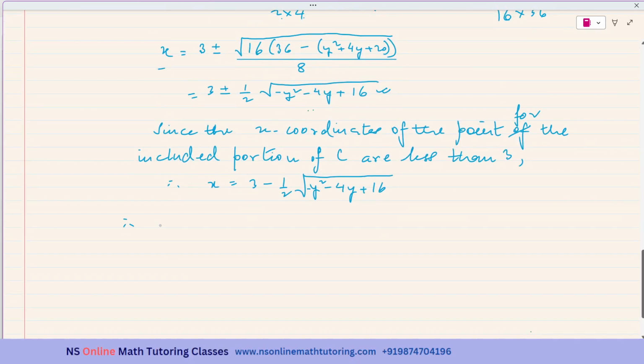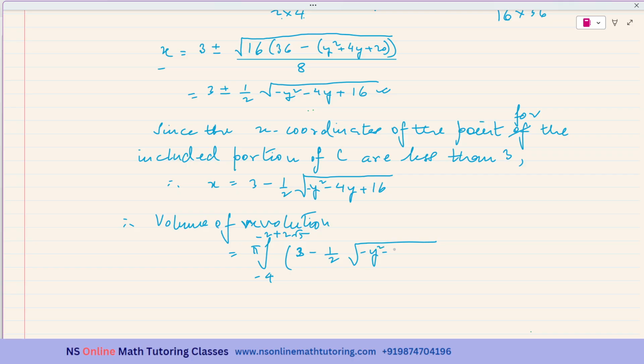So therefore, the volume of revolution is equal to pi times the integral from −4 to −2 + 2√5 of (3 − ½ √(−y² − 4y + 16))² dy. Clear? And we have to use the calculator.